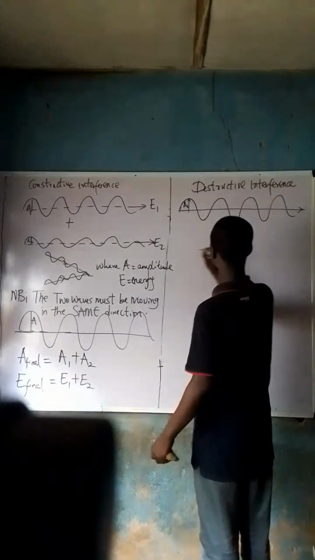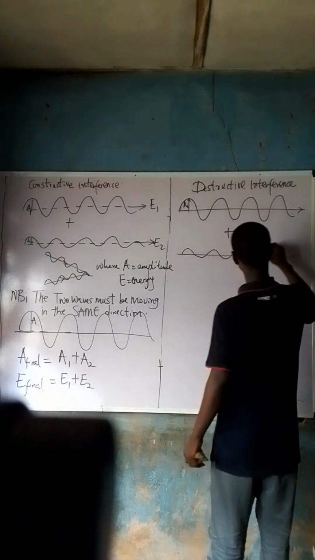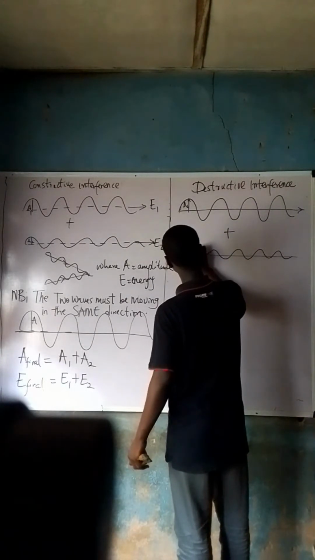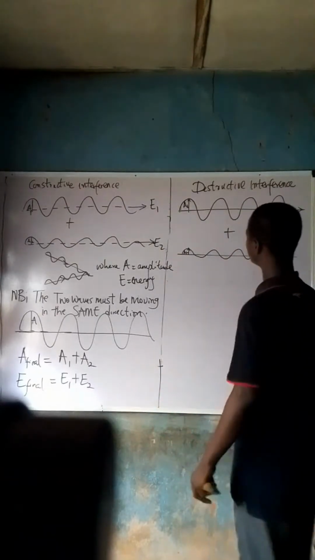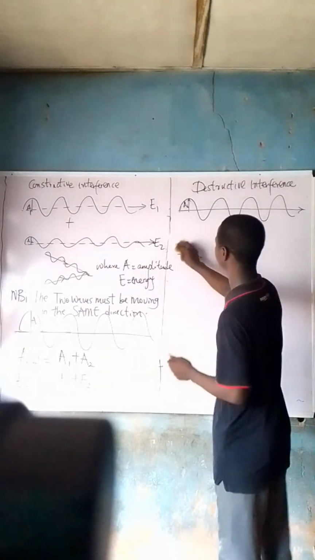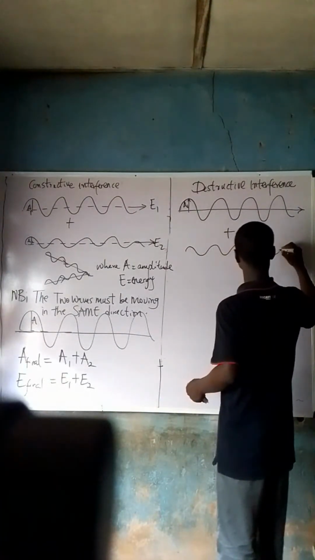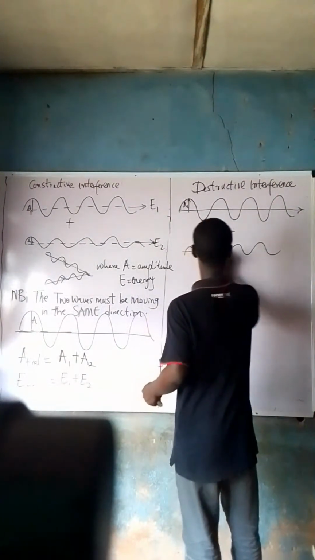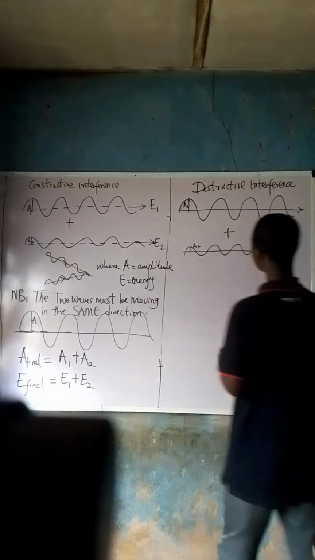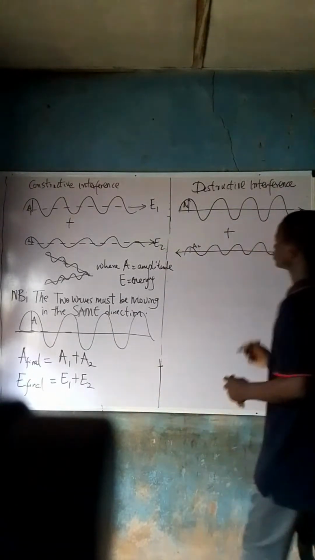A second wave. Sorry for the diagrammatic inconvenience. Let's call this A2, and the other A1. I can make this better so that I won't be straining your eyes. Now we know based on observation that it's moving in this direction. Observe the direction differences.